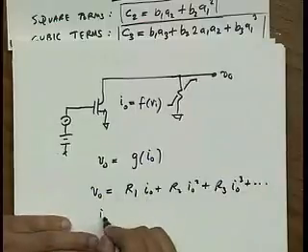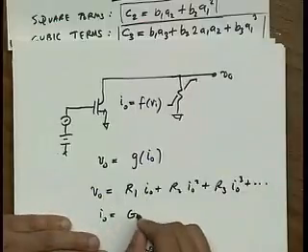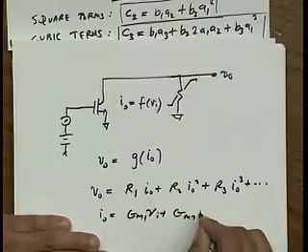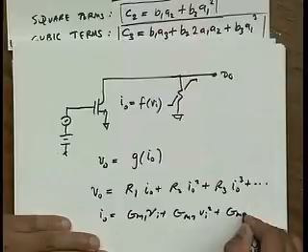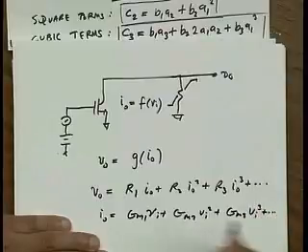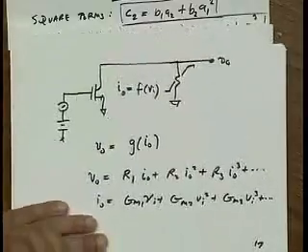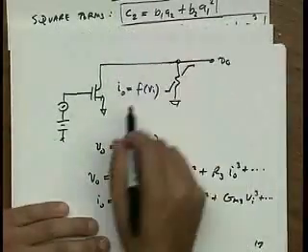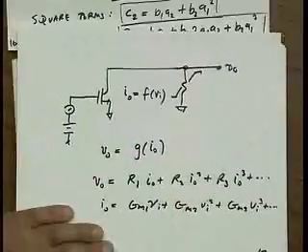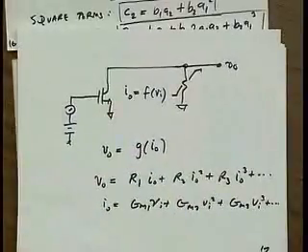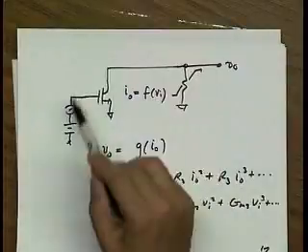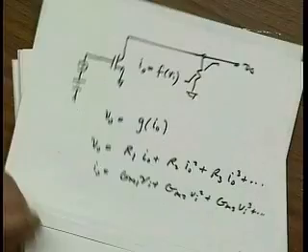And I out is some Gm1 times V in, plus Gm2 V in squared, Gm3 V in cubed, and so on. Okay? And you might think, well, that's kind of artificial. Why are you putting a nonlinear resistor here? Well, actually, the output impedance of this transistor is nonlinear. So if this transistor were loaded by, let's say, a current mirror, then this analysis would apply.